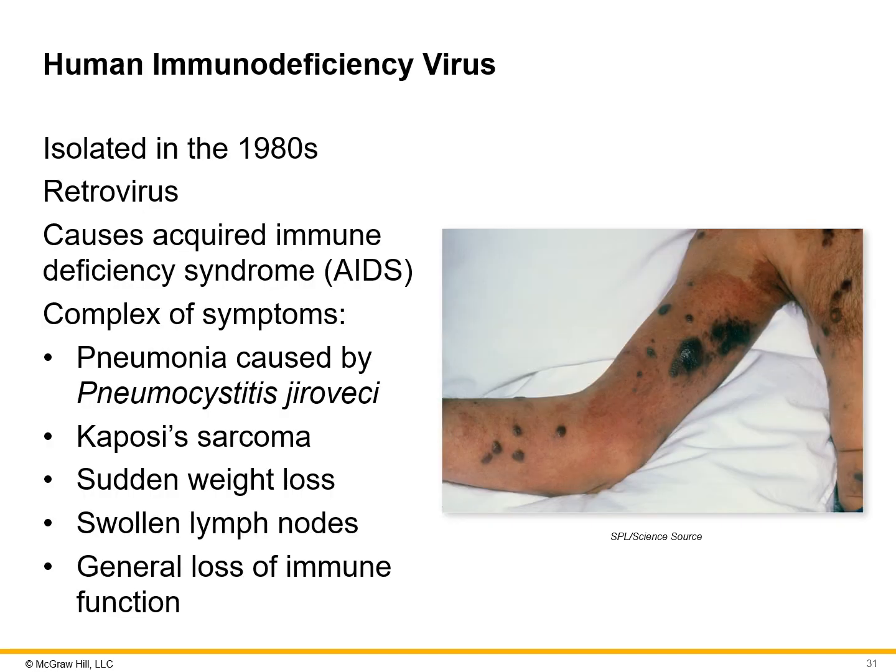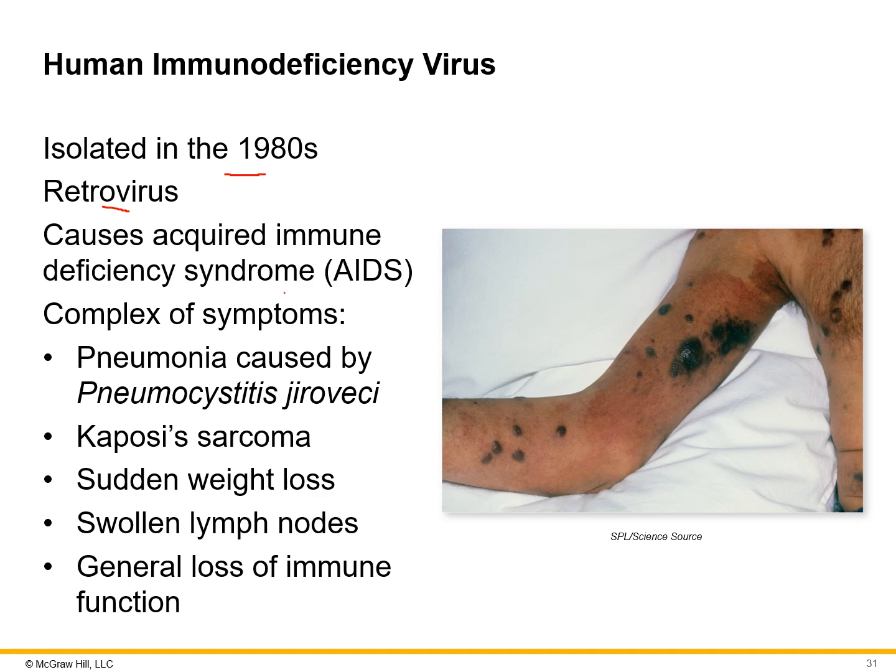All right, and then with HIV, this was isolated in the 80s. This is a retrovirus, meaning it's an RNA virus, but it has the ability to go from RNA to DNA, which is backwards. In our cells, DNA is transcribed to RNA that's then translated to protein. But these RNA viruses are able to use their RNA to make DNA.